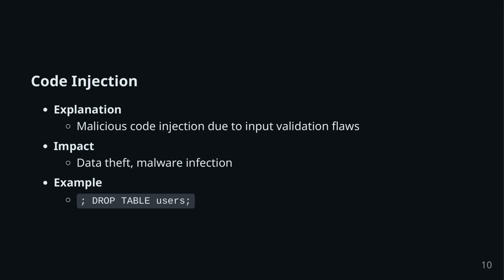This underscores the importance of rigorous input validation practices to safeguard against such vulnerabilities. By ensuring that all inputs are properly sanitized and validated, you can significantly mitigate the risk of code injection attacks. In summary, proper input validation is essential to prevent attackers from injecting harmful code into your systems.